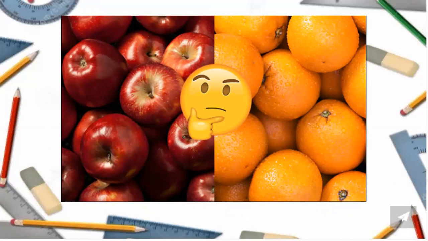Now, we have this saying that goes, you can't compare apples and oranges. But with the use of statistics, it can be done to some extent. Suppose that a student scored 90 on a music test and 45 on an English exam.